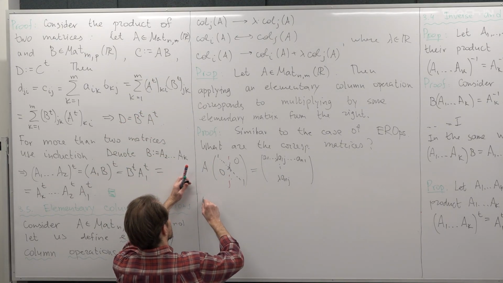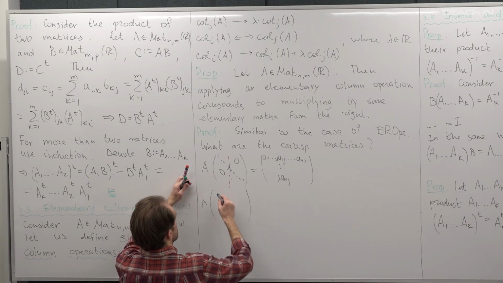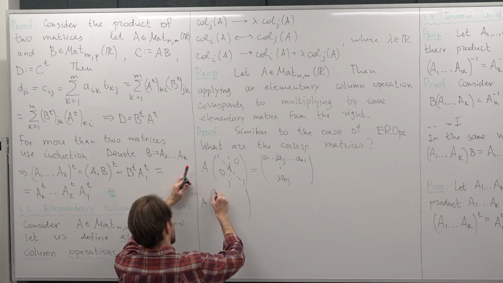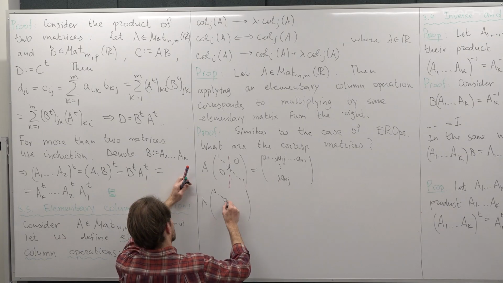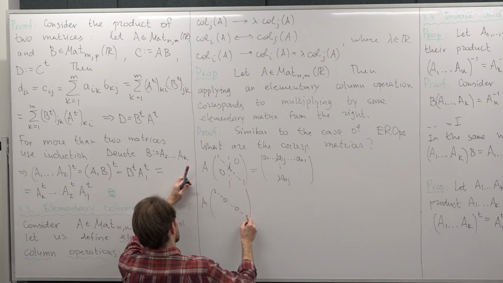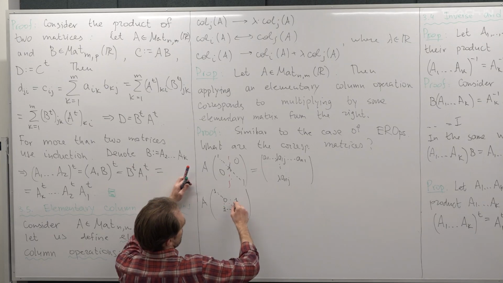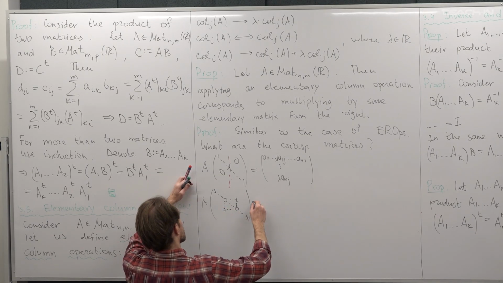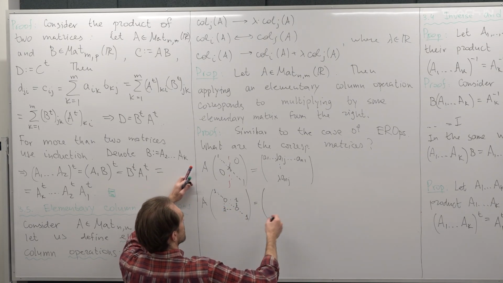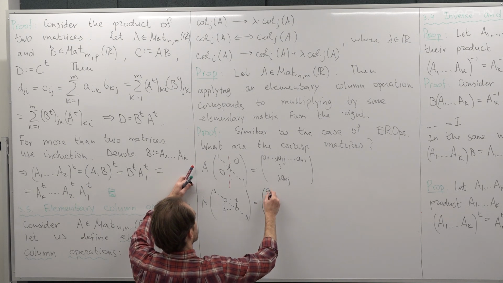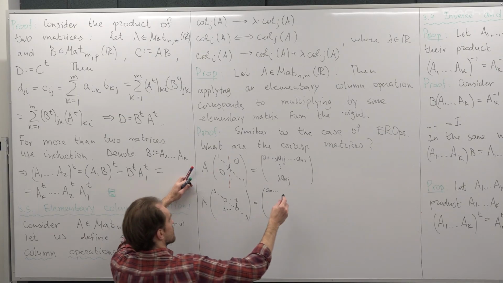So when we need to swap the columns, in exactly the same way, we consider a matrix where we have 2 zeros on the principal diagonal. All other diagonal elements are just ones, and here we have just 2 non-zero elements outside the principal diagonal, and once again we get the matrix such that the 2 columns are swapped.